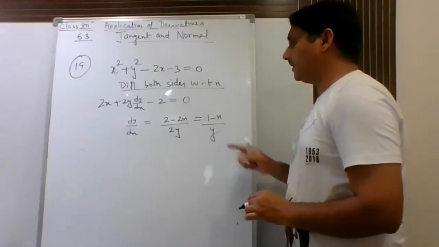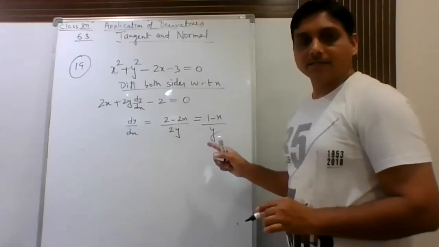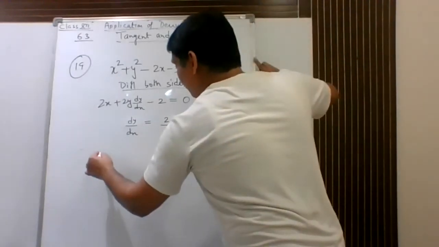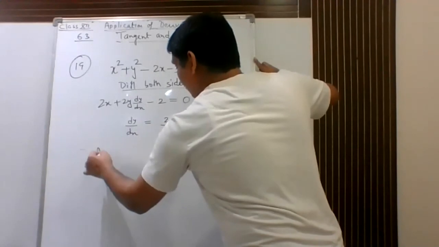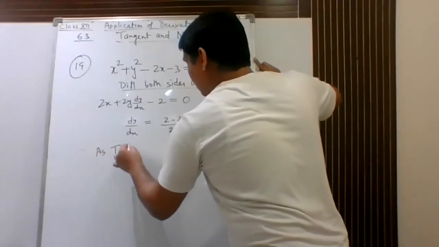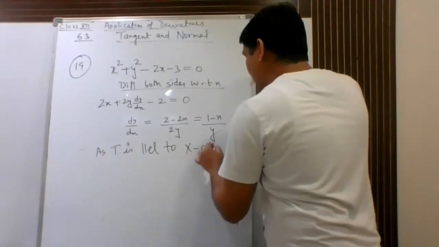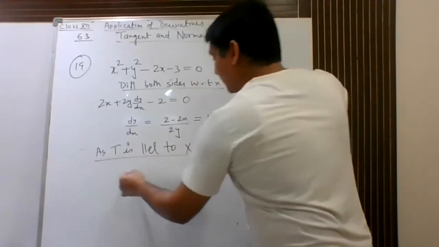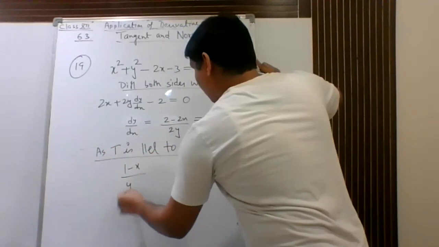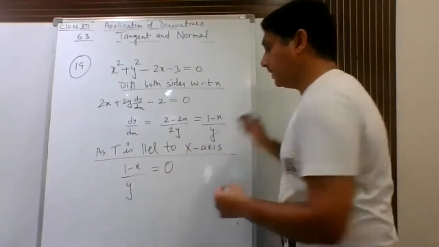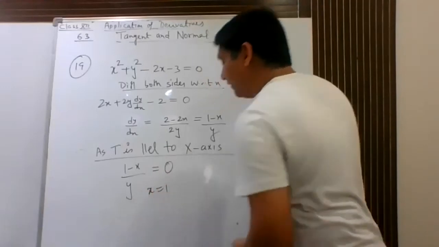Now it is given that the tangent is parallel to x-axis, so we can equate this slope of the tangent to 0. From here you will get the value of x as 1.